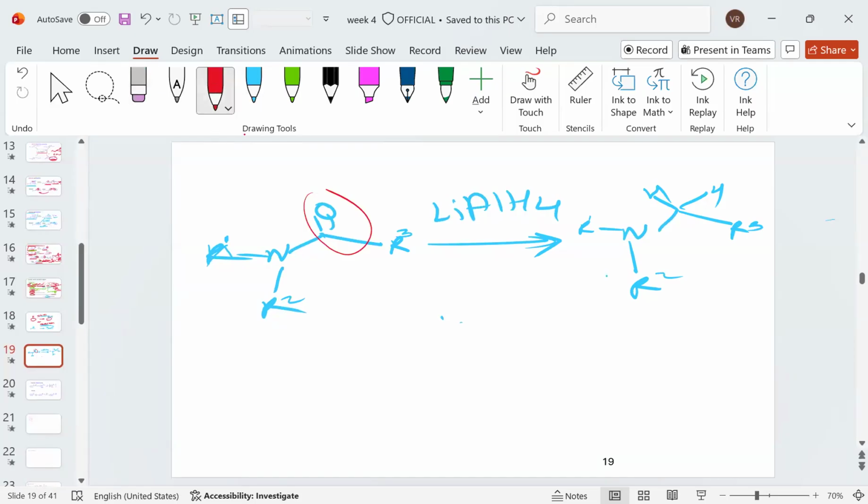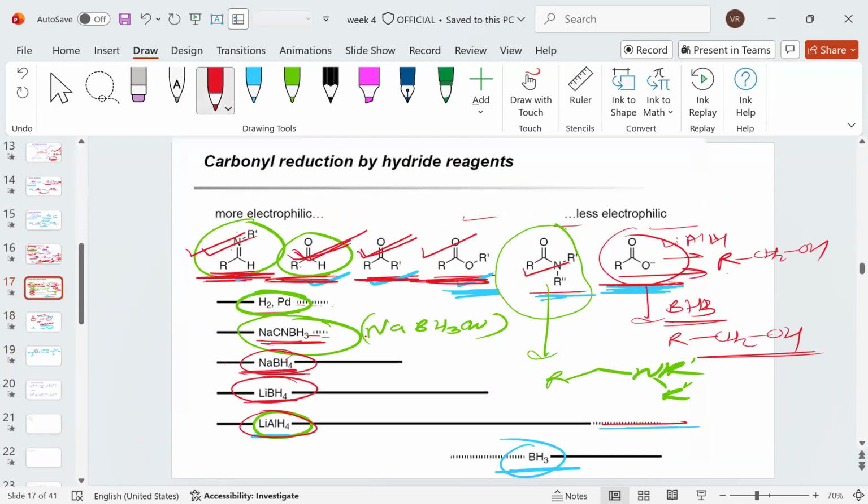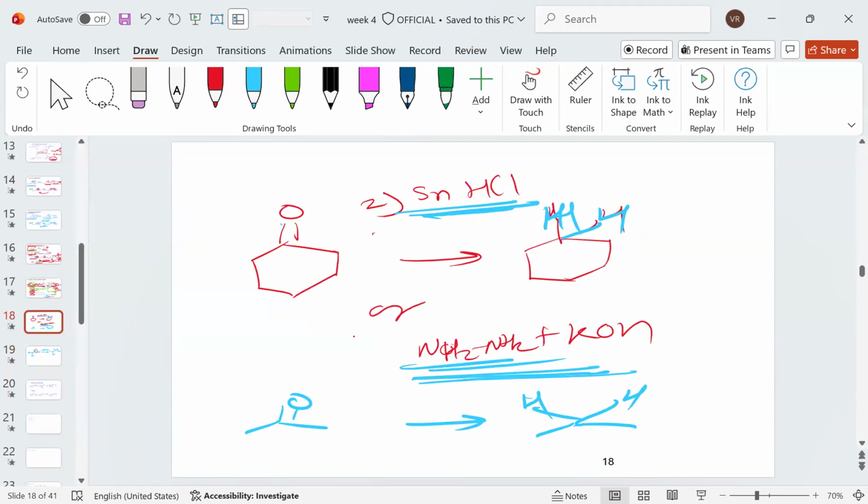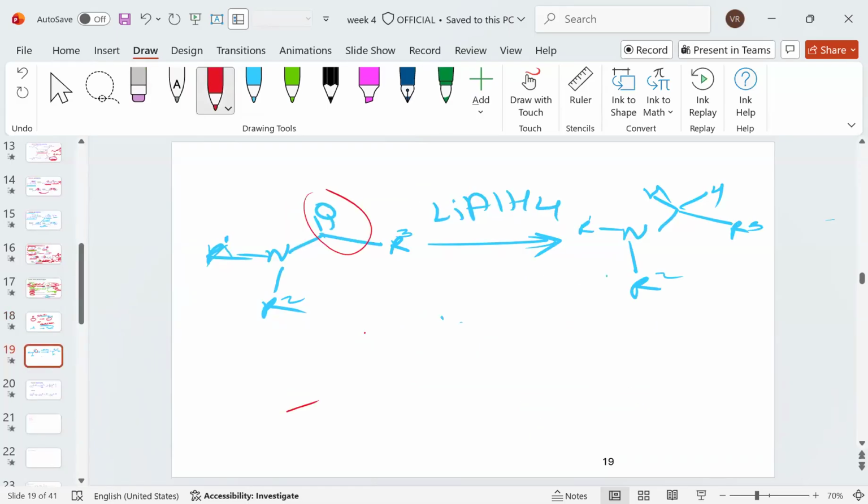The third one, I think this is also a good example. If you have the ketone and you want this amine, so basically this ketone is converted into this amine.